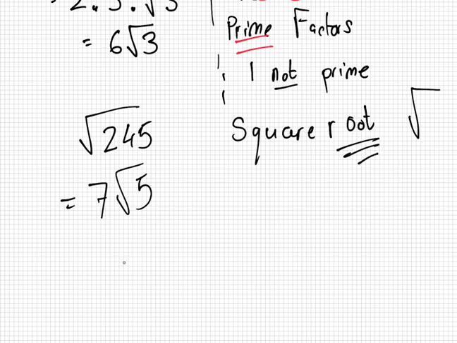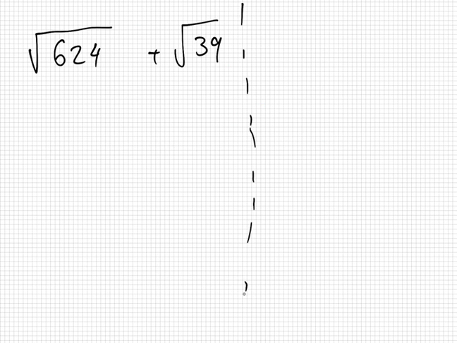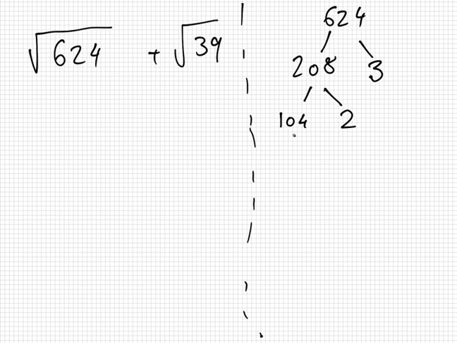Next one now. So we have square root 624 plus square root 39. So we want to simplify this. It's actually the same situation. First we have to simplify 624. So let's see. That would be 208 times 3. That's 104 times 2. That's 52 times 2.